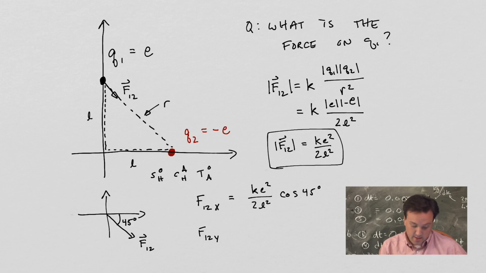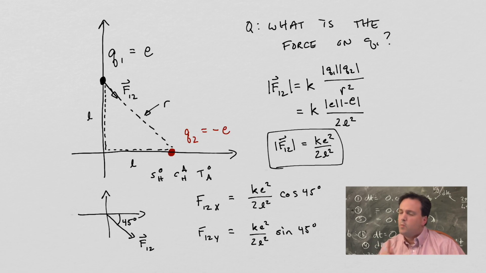And the y component is in the vertical direction, and therefore it's the component opposite the angle, and so I have k e squared over 2L squared sine 45 degrees.